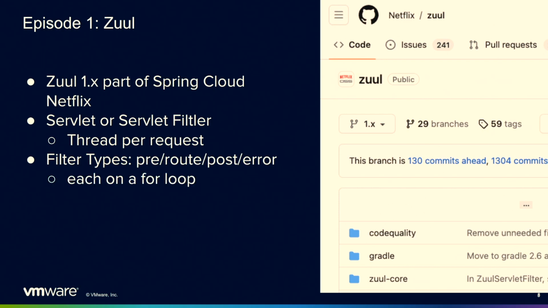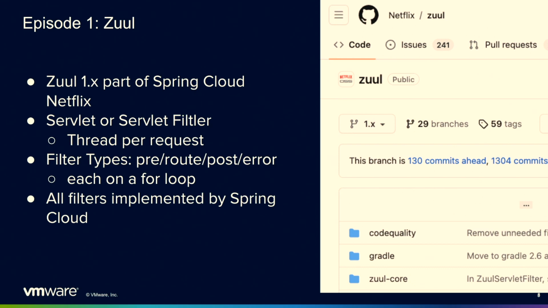And it was pretty simple. It was just a loop for each stage. Basically, there were no batteries included with Zuul. You had to do everything. So this was episode 1, Dave and I building an API gateway with Spring Cloud.